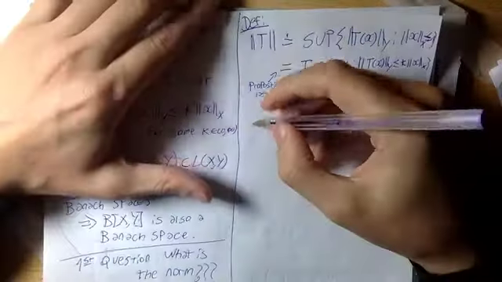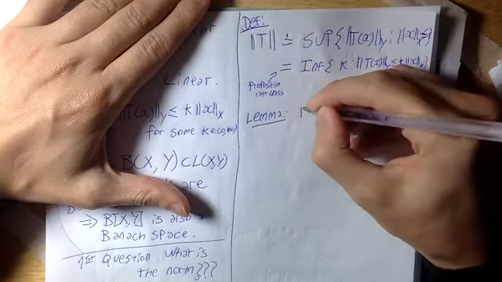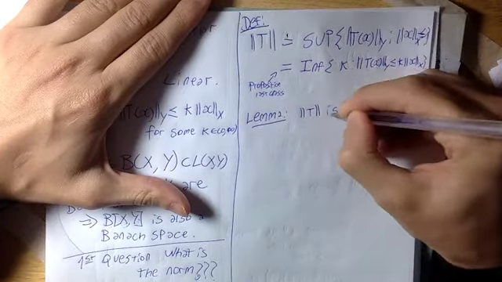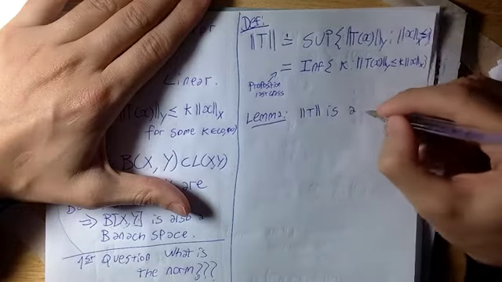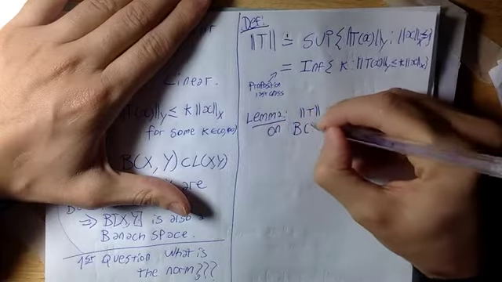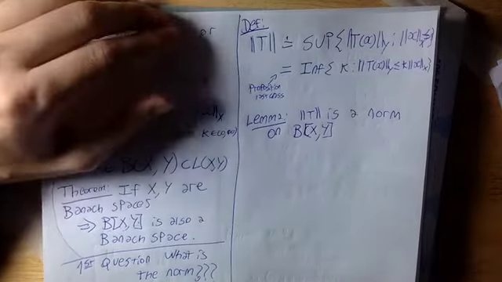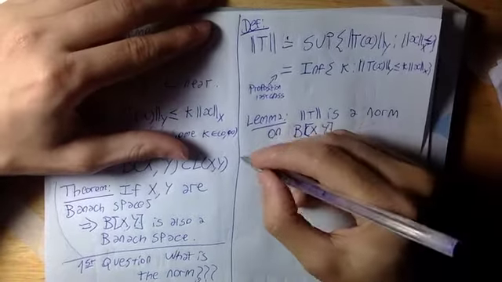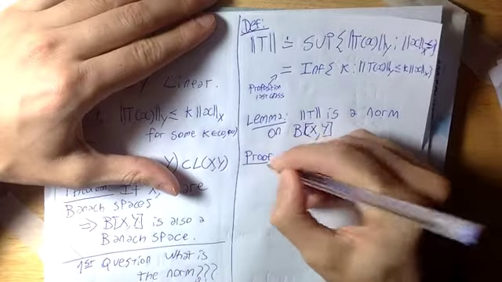And what are we going to prove next? The lemma is that the norm of T is a norm on B of X, Y, the bounded linear operators. So what do we need to check? We need to check the axioms of a norm.